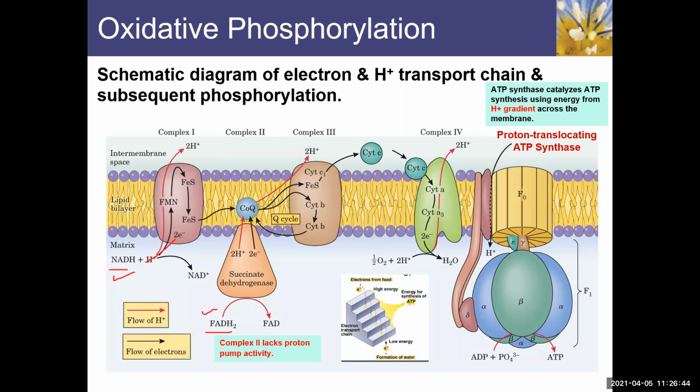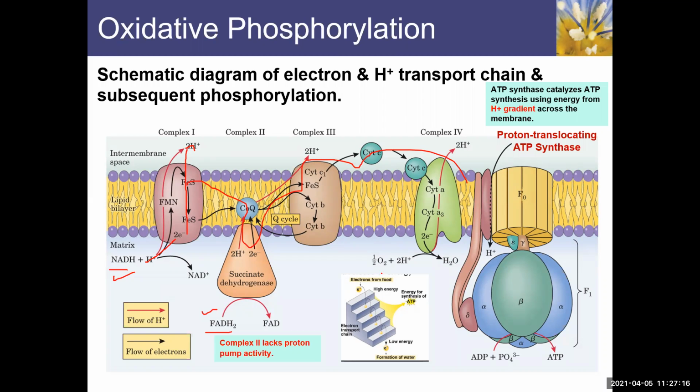When each proton pump accepts the electron, it will use some of the energy to export that proton into the intermembrane space. And then the electron will be given to the next carrier, then the next, and the next. And finally, it will be accepted by the oxygen.